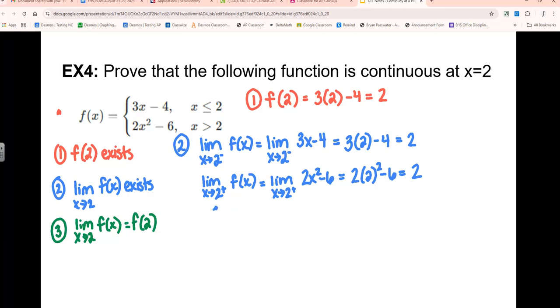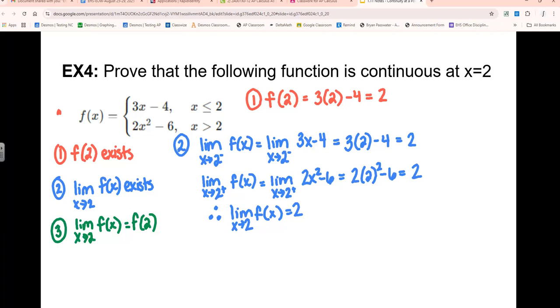So we have found the limit from the left and right are the same, so we can make the conclusion now that the limit as x approaches 2 of f of x does in fact equal 2. Okay, so we have proven that f of 2 exists. We have proven that the limit as x approaches 2 of f of x exists.